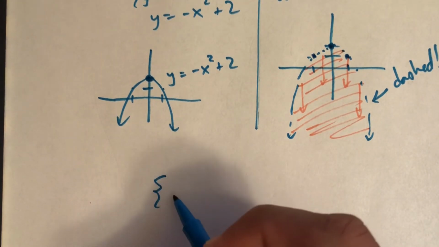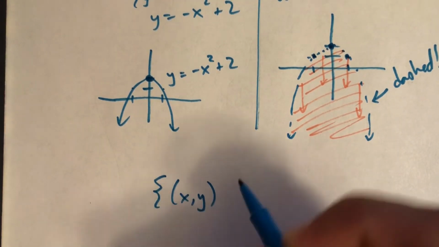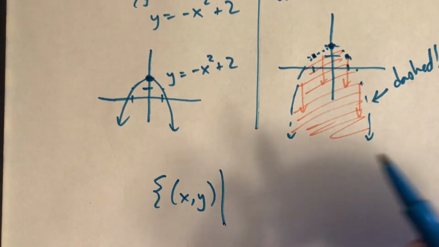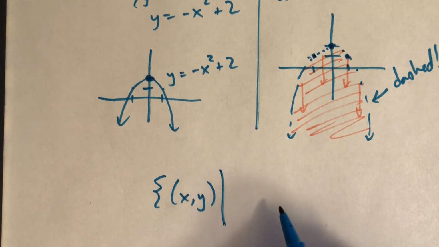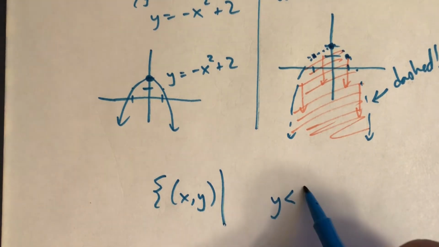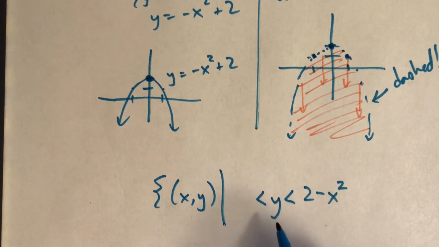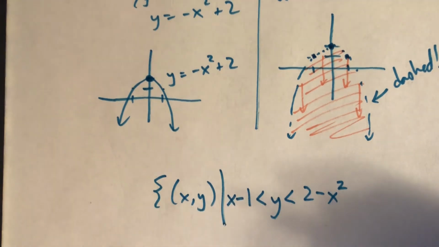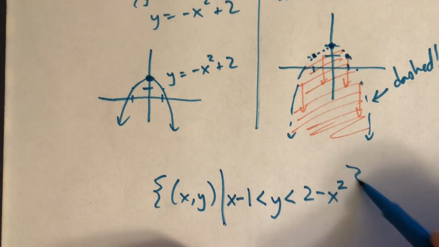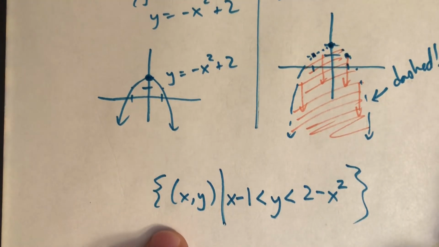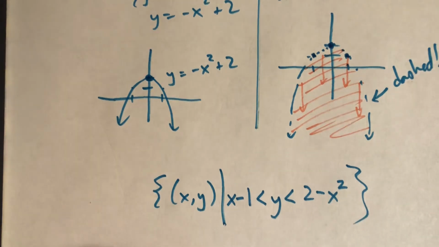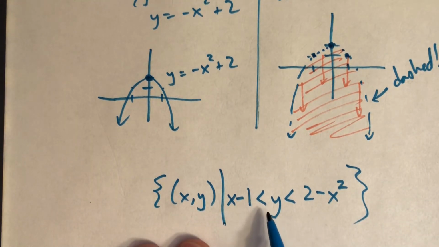So if we did the set of all x, y such that y is less than 2 minus x squared, and also y is bigger than x minus 1. If we wanted to draw this one, we can think about this as a compound inequality.